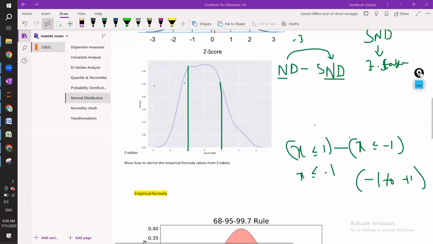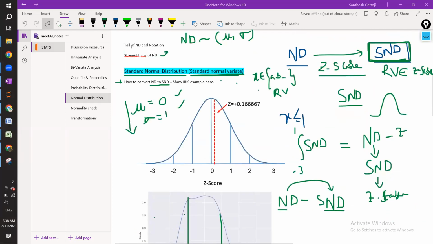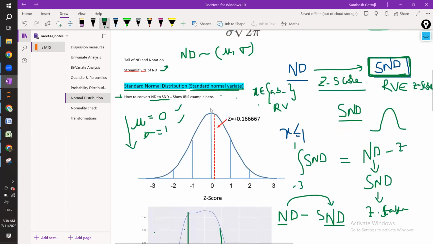Okay, let's start, guys. So, just to give a recap, yesterday, what we have discussed? We have discussed standard normal distribution. Agree?